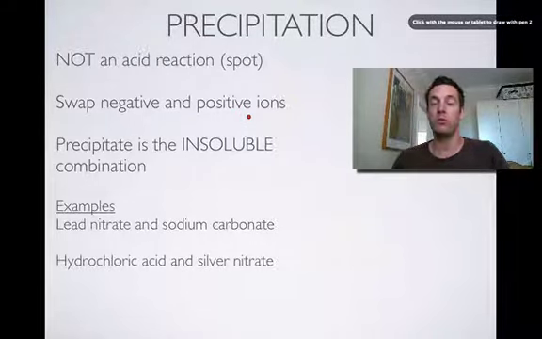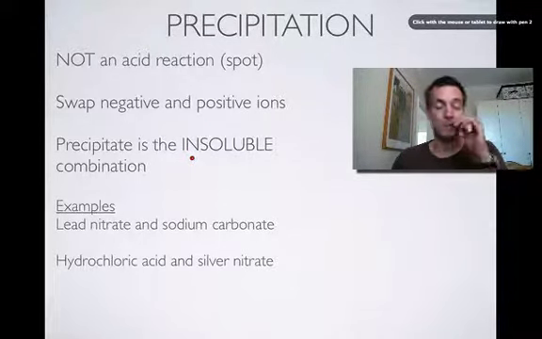Okay, so whereas before we had salt and hydrogen, salt and water and carbon dioxide in order to predict our products, here we just swap the positive and negative ions, and the precipitate that we form will be the insoluble combination of ions. We've touched on this in the series of films about solutions and precipitation reactions. So here's a couple of examples. Lead nitrate and sodium carbonate.